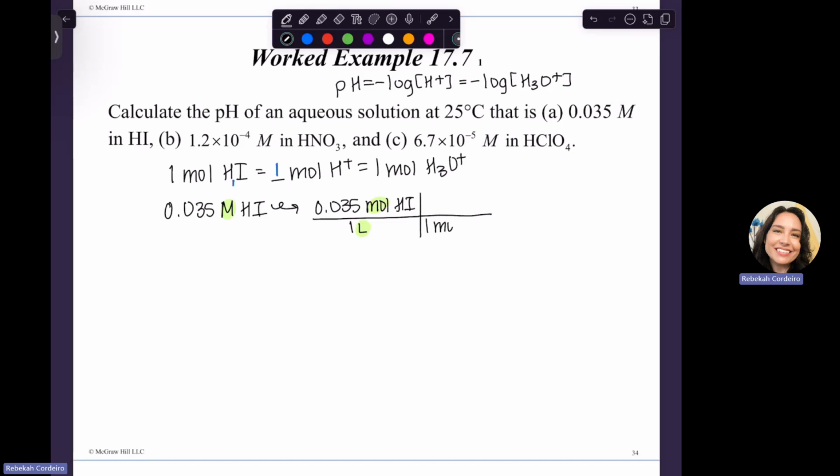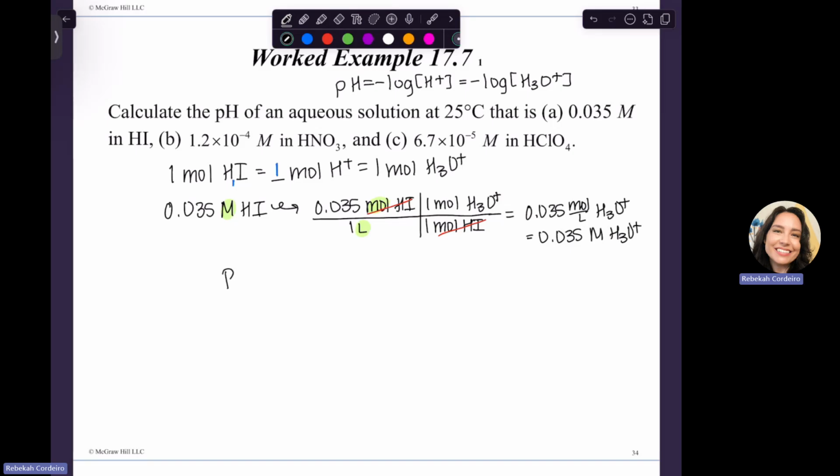For every 1 mole of HI, I know there's 1 mole of that hydrogen ion or hydronium, whichever one we want to look at. That's going to cancel out my moles of HI, and that will give me 0.035 moles per liter of hydronium, which we know is also 0.035 molar hydronium.